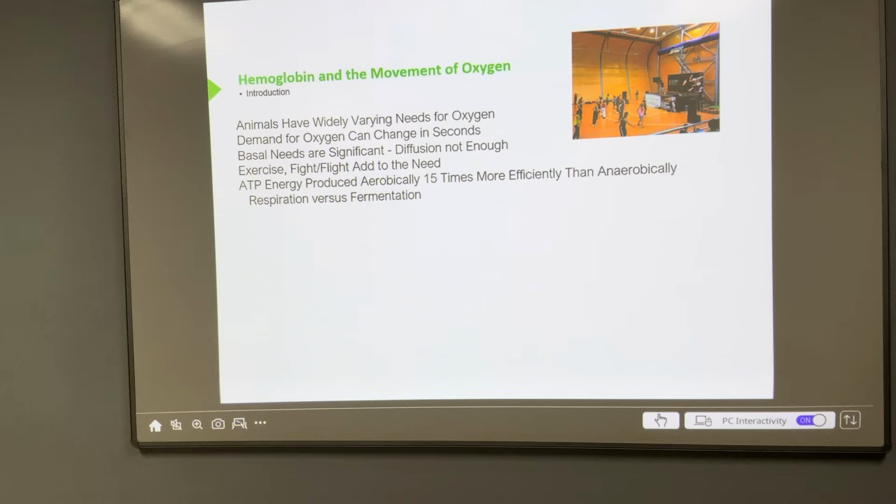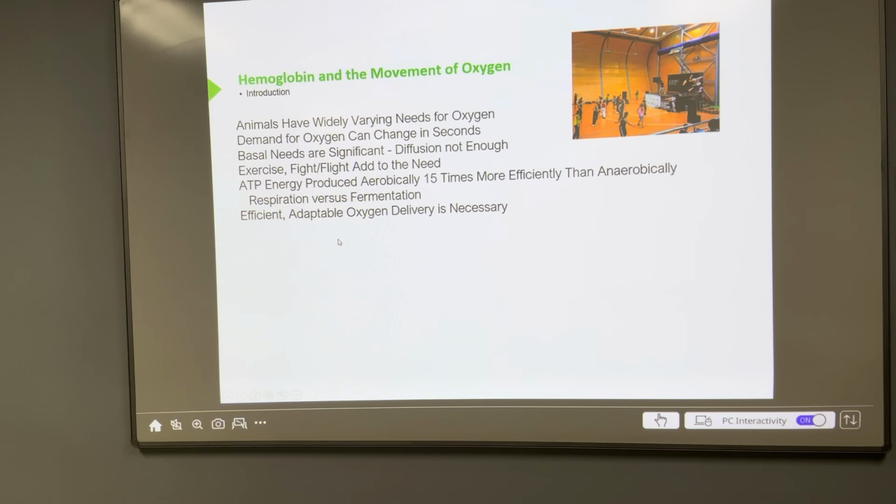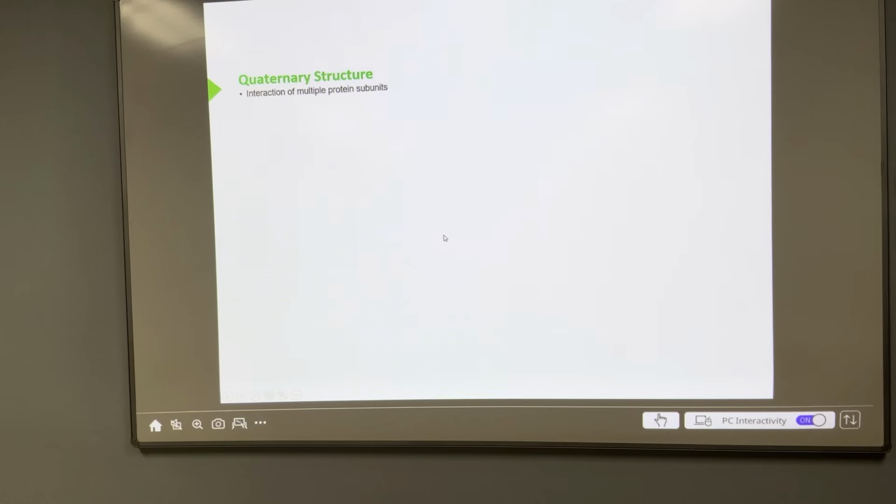The classical pathway is to make ATP through aerobic respiration, oxidative phosphorylation. But if you're running on the treadmill and consuming all the oxygen, you're going to take the alternative pathway, anaerobic respiration or fermentation. Efficient and adaptable oxygen delivery is necessary. You need to know this. This is one of the questions on the exam.